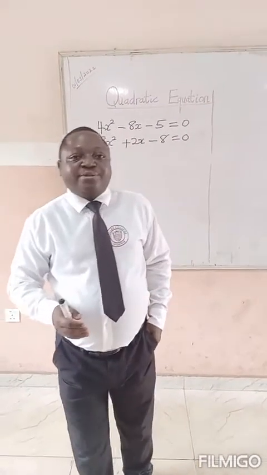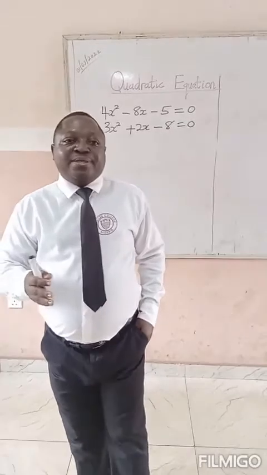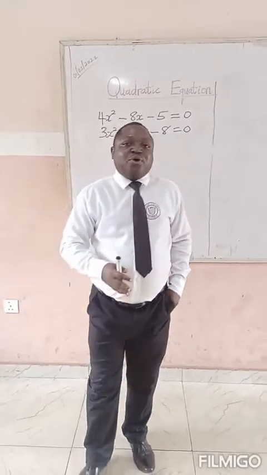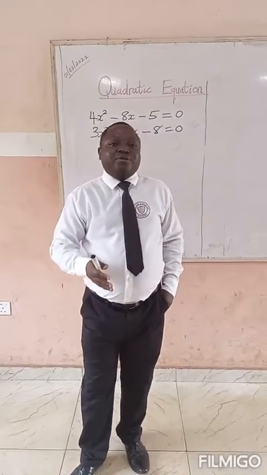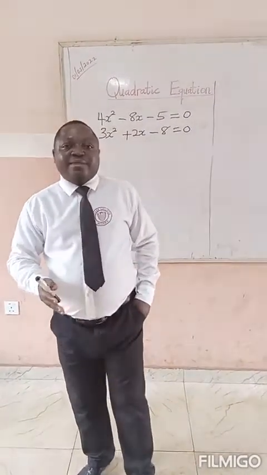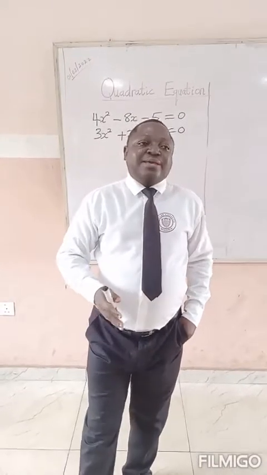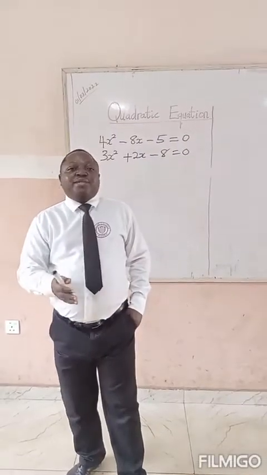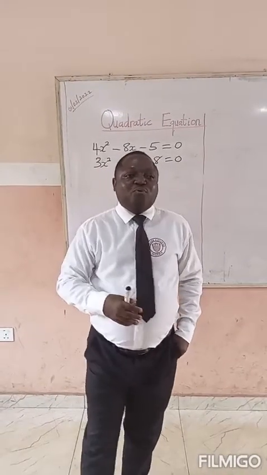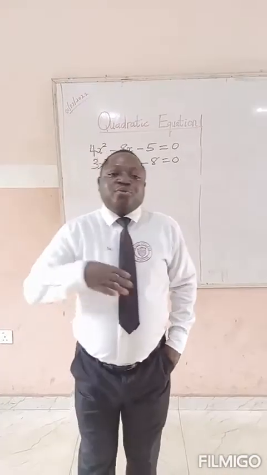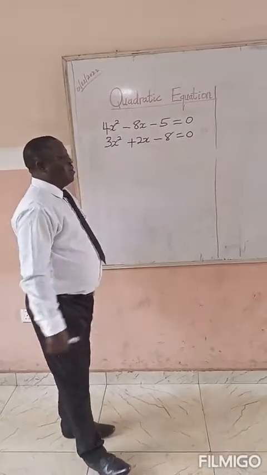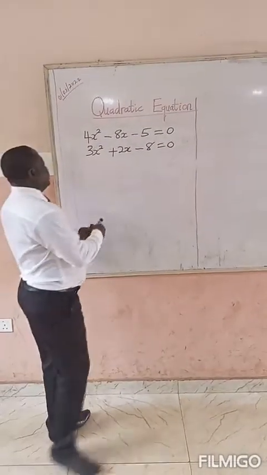Another method is the use of completing the square. Then the third method is what is popularly called almighty formula, and the name is actually quadratic formula. While the fourth method is graphical method. So today I want to explain how to use factorization method. Now let's get it started.